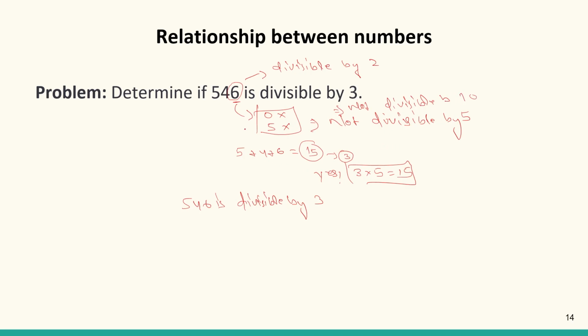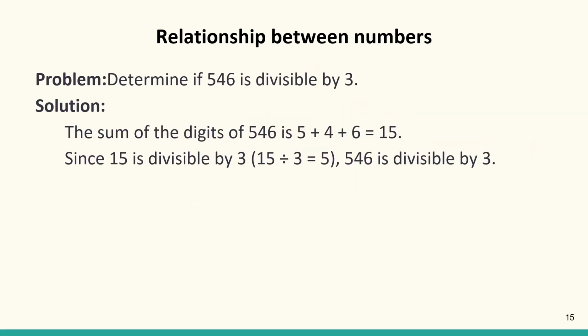Is it divisible by 9? Okay, let's add up the numbers. That is 15. Is 15 divisible by 9? No, not divisible by 9. So this is what we got, 15, and this is divisible by 3.